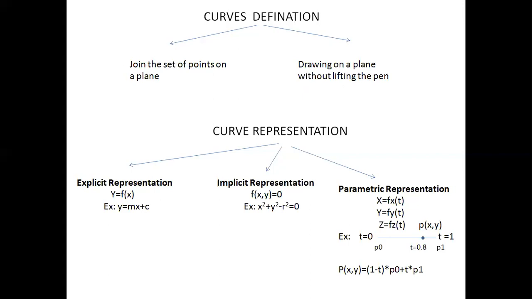We also discussed that curve representations are basically of two types. One is parametric representation, another is non-parametric representation. Non-parametric representation involves explicit and implicit representations.